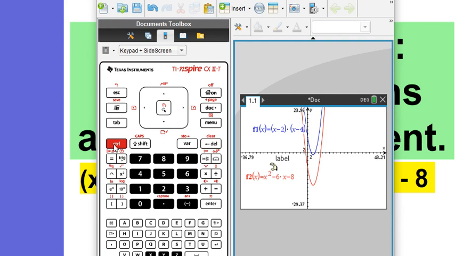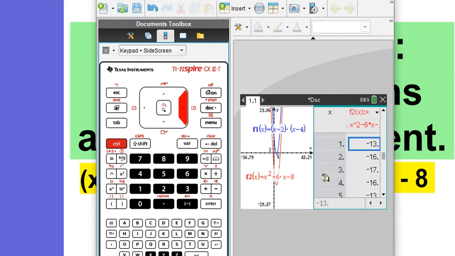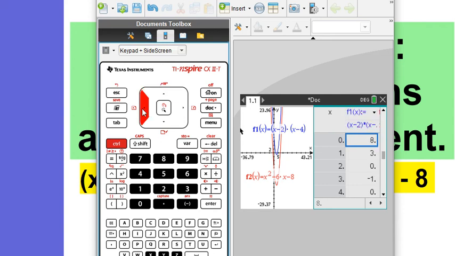And if we look at the table, we can see that. So if we go over, notice that when x is 0, the red graph is negative 8. The blue graph is positive 8. So they're 16 units apart.